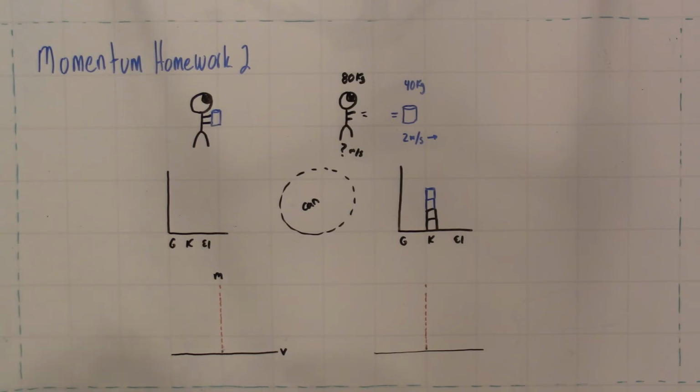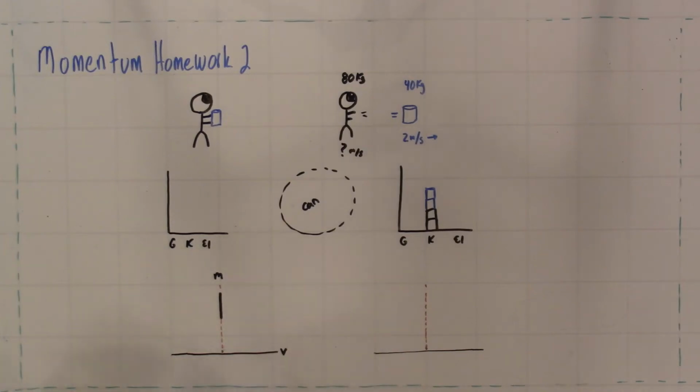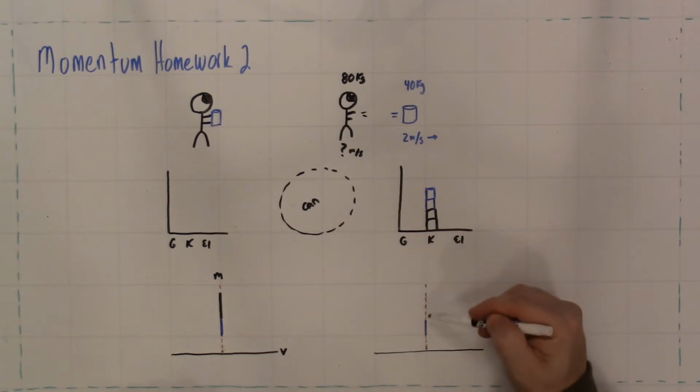Well, the astronaut has a mass of 80 kilograms, so I'm going to represent this as 80. But he's not moving. But the canister has a mass of 40, so that would be about half that size. So I'm okay with that. Over here, we have the same masses. Here's my 40. And here's my 80.